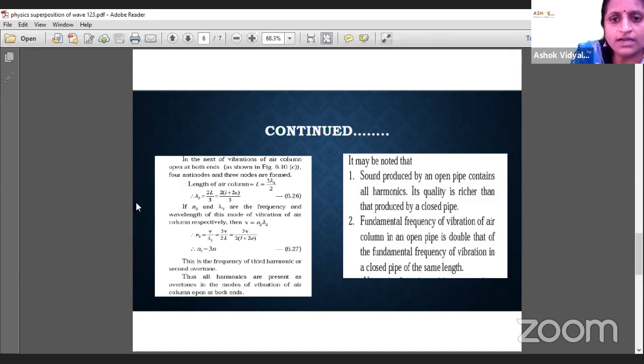It may be noted that the sound produced by the open pipe contains all harmonics, so its quality is richer than that produced by the closed pipe. The fundamental frequency of vibrations of air column in an open pipe is double that of the fundamental frequency of vibrations in a closed pipe of the same length.